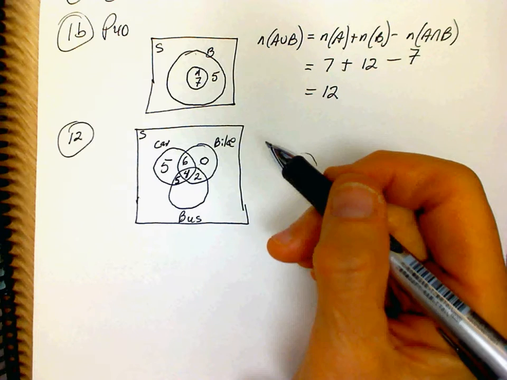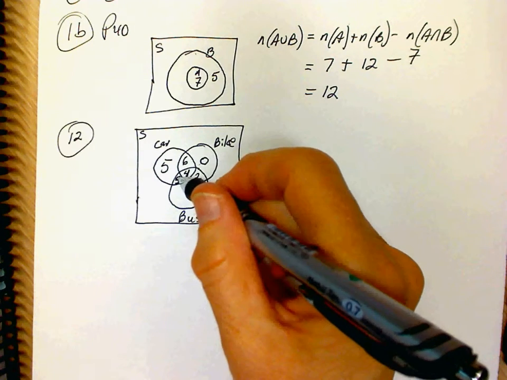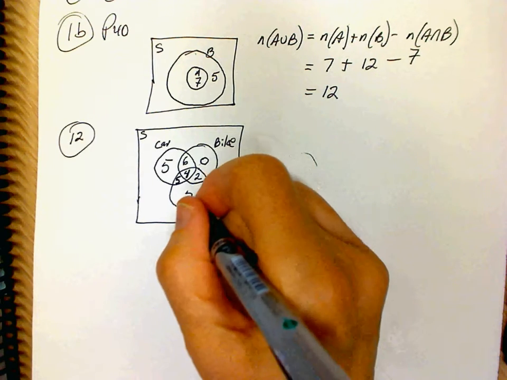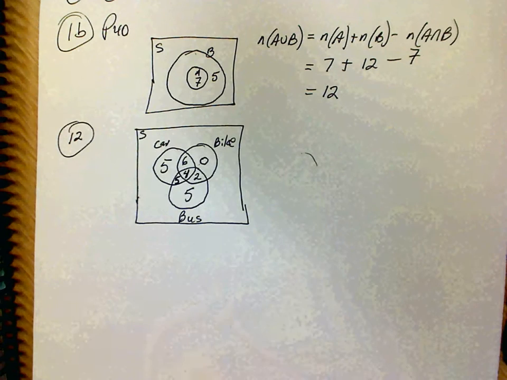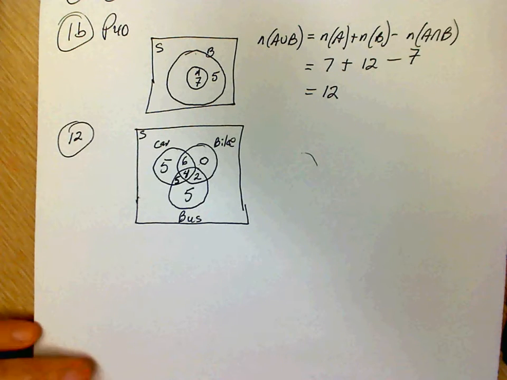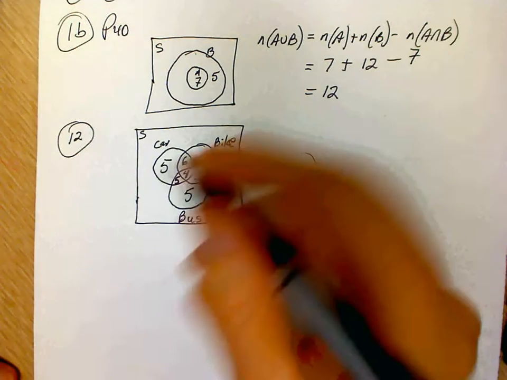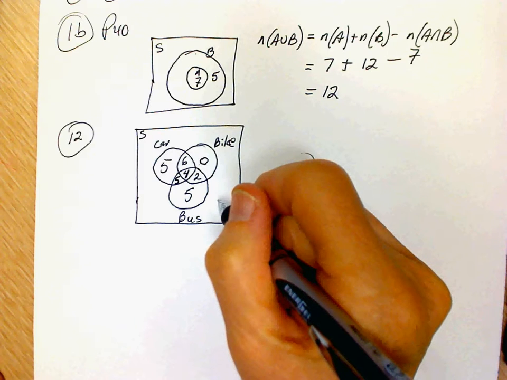And 16 take the bus some days, so we've got 9, 10, 11. We're at 11, so we need 5 more here. Whew. Very hard to interpret, and I can understand why you would have difficulty interpreting that. However, how many use some other forms of transportation?